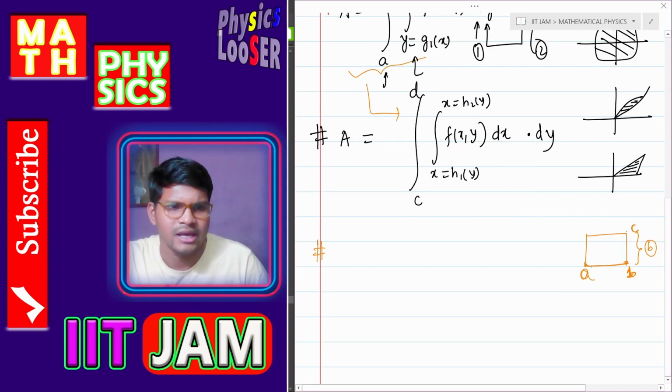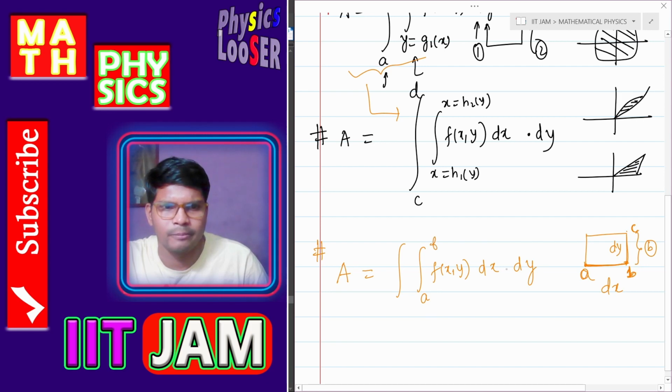In some sense, these are already perfectly constant. So I can write here dx, and here dy. I can write f of x comma y, let us say dx dy, and for x it would be, let us say, a comma b, and y would be c comma d.